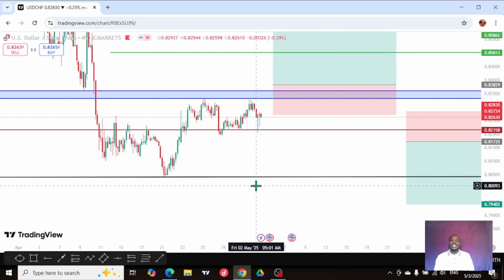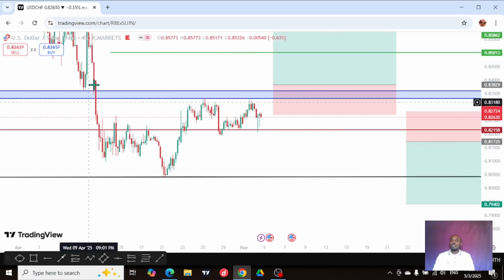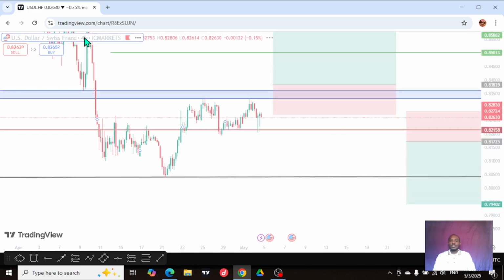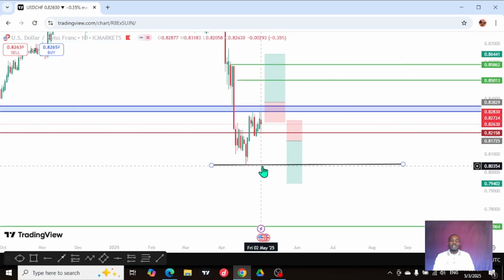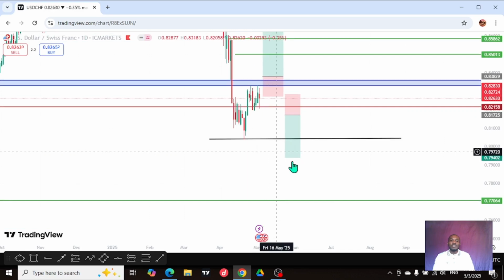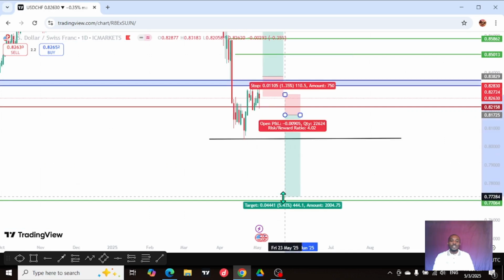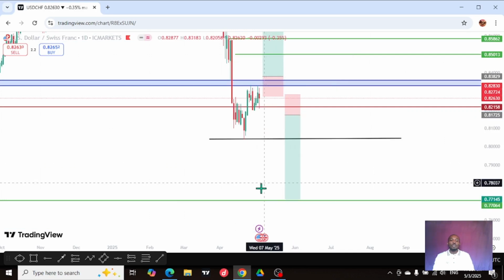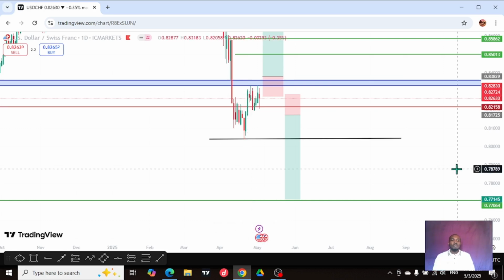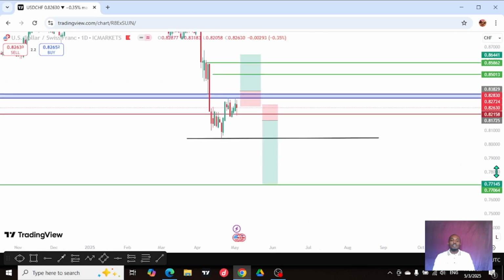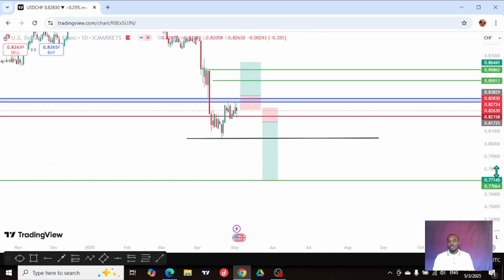If I see a daily candle close below this level on the daily time frame, then I'll extend my TP to this point, which is the next turning point following my previous overview from the higher time frame, telling me that okay, the bearish move will continue.